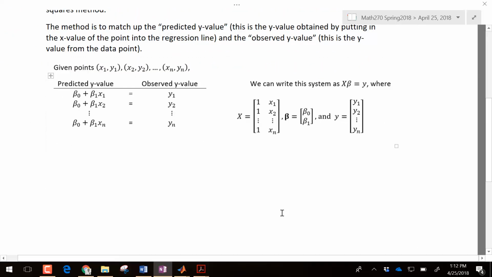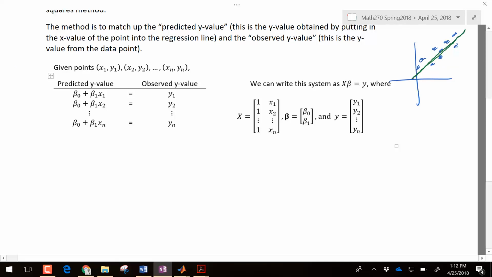The idea is that you have these ordered pairs, or pairs of points, and then what we want to do is compare. We have a bunch of points, and then we have a line.